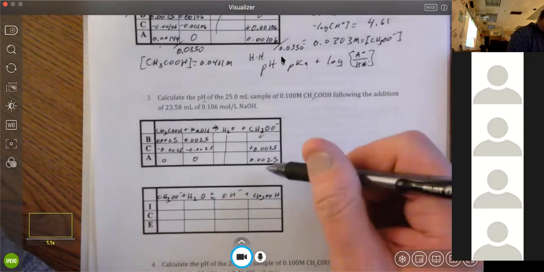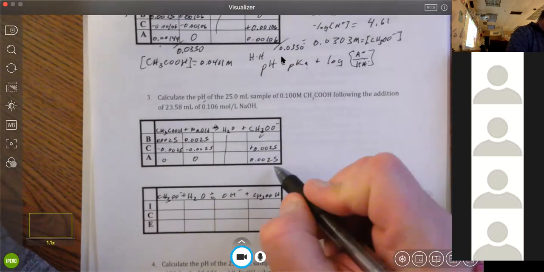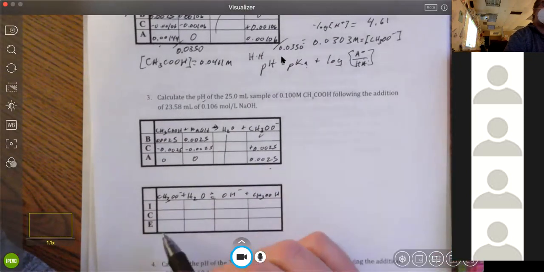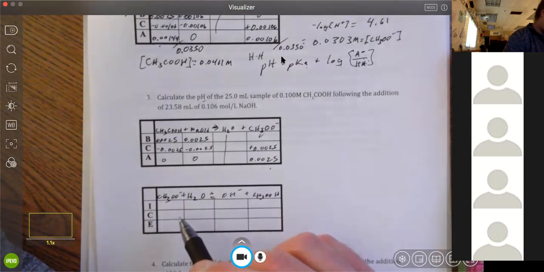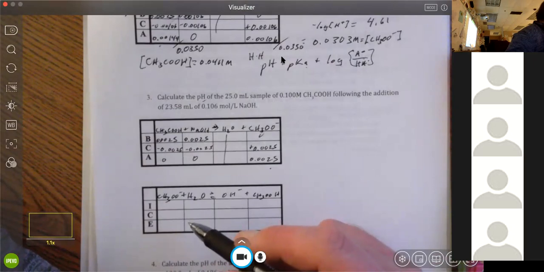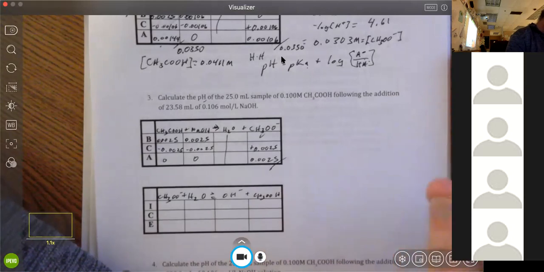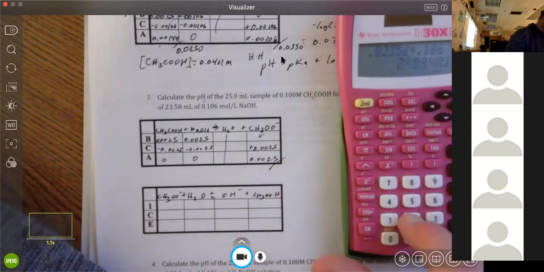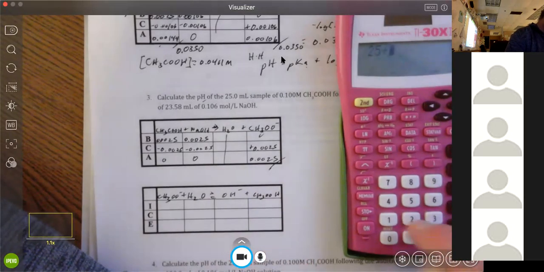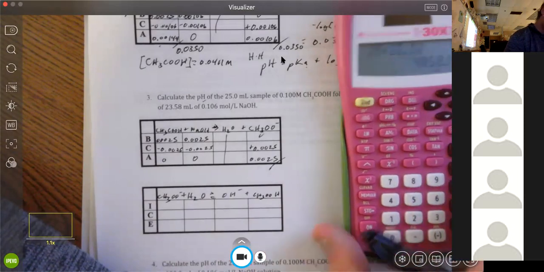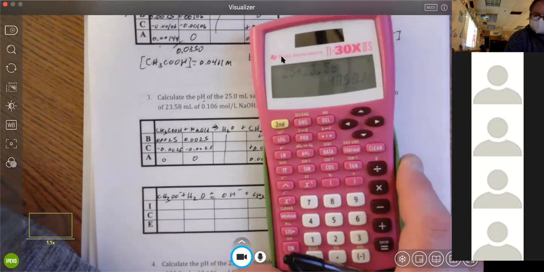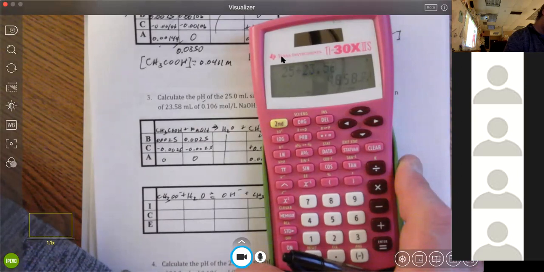So with that, we then need to remember in ice tables, what are we using? Not moles, but molarity. So we need to find the molarity here. That means that we take 25 plus 23.58. That gives us 48.58.